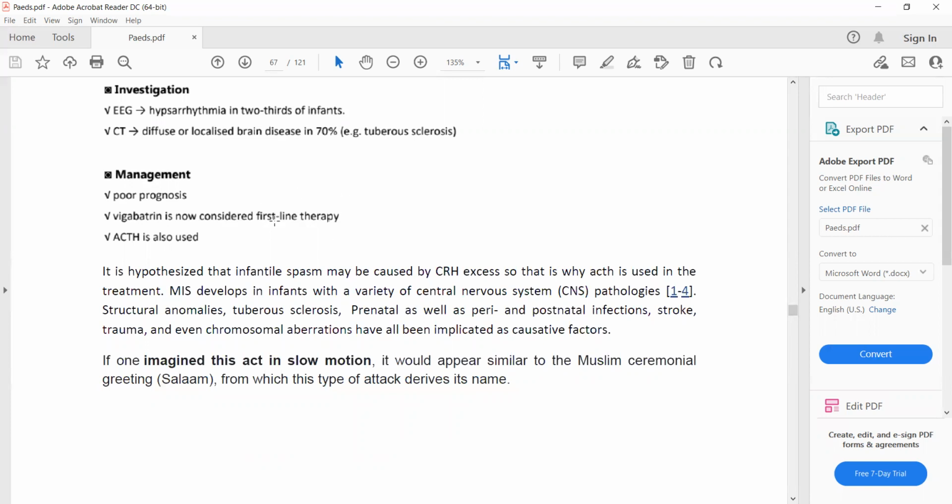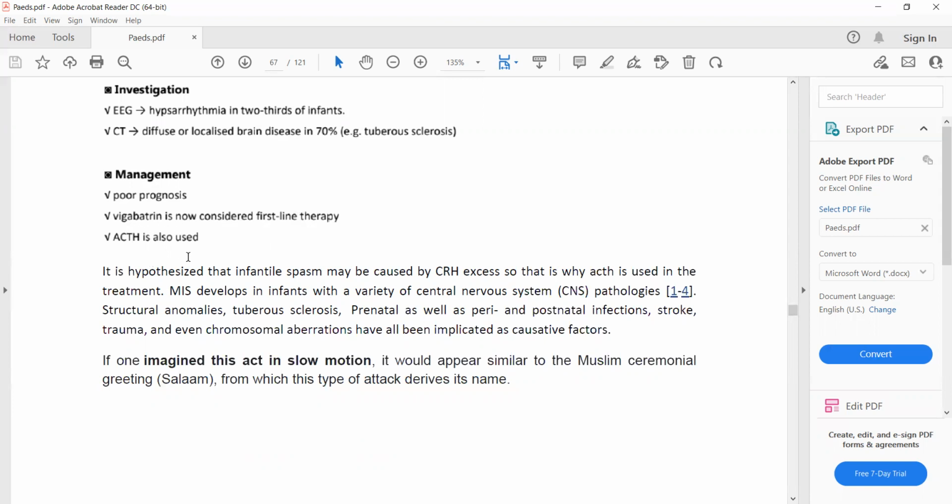Vigabatrin is the first line therapy for infantile spasm, and ACTH is sometimes also used because it is hypothesized that infantile spasm may be caused by corticotropin releasing hormone excess.